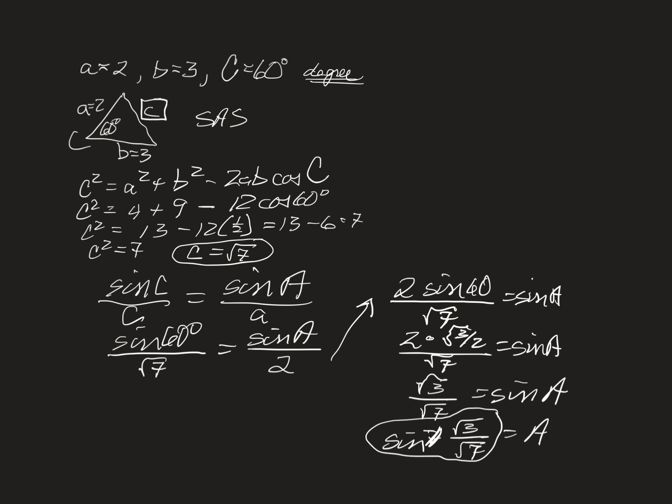So second, inverse sine, square root 3 divided by square root 7 is equal to 0.71 radians.